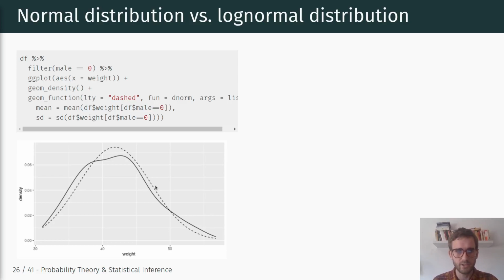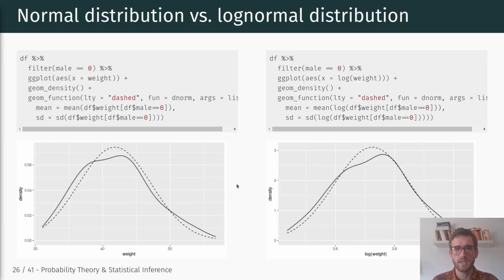It's slightly skewed, has a slightly heavier tail on the upper end, and therefore does not really follow a normal distribution. Then if we take the log of weight and plot the same distribution, we see that this follows more closely, not perfectly obviously, but more closely a normal distribution, right?